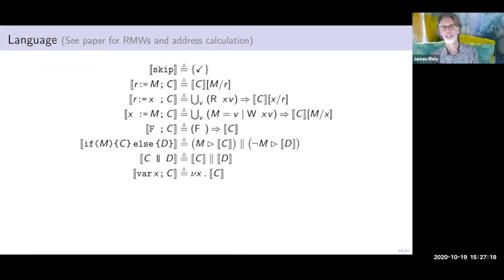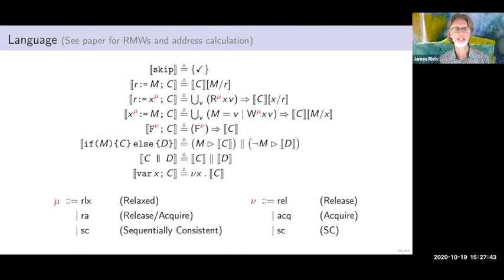So this is then the semantics of the language, yay. And the semantics uses all of the operators that we would expect. So we have a termination condition, that's the tick. And then we're using substitution through here. We're using prefixing. We're using the filtering operation. We're using parallel composition. We're using restriction.